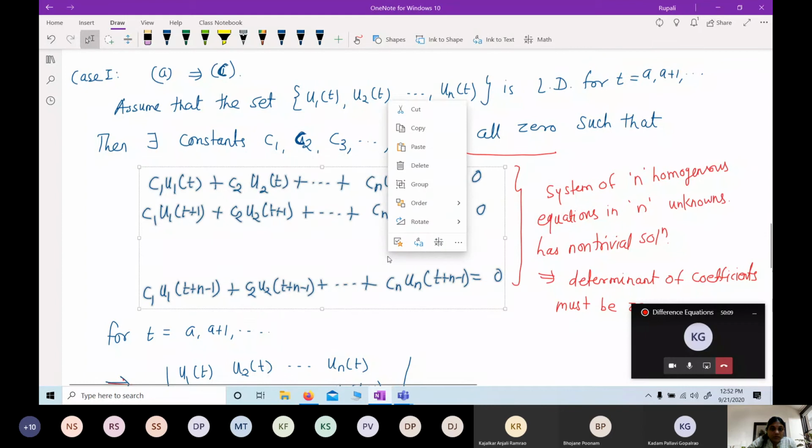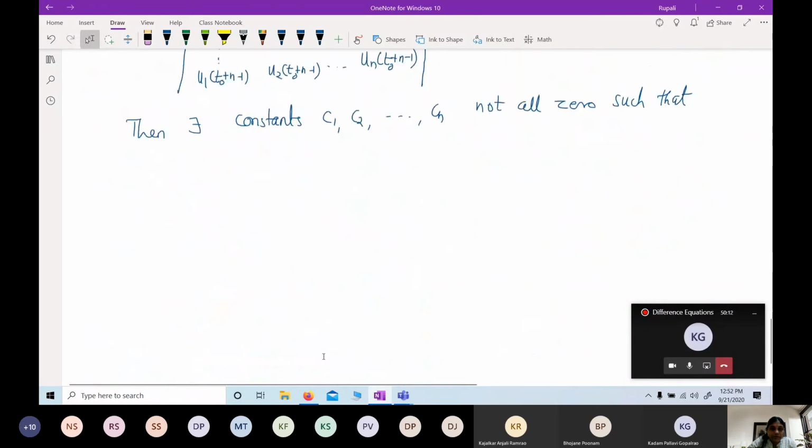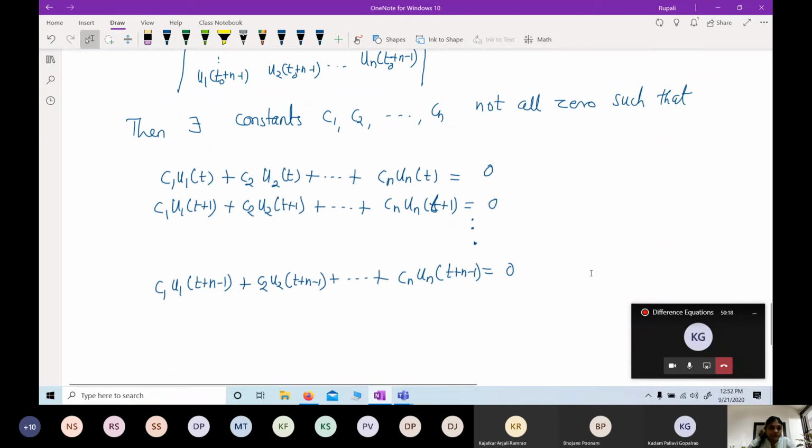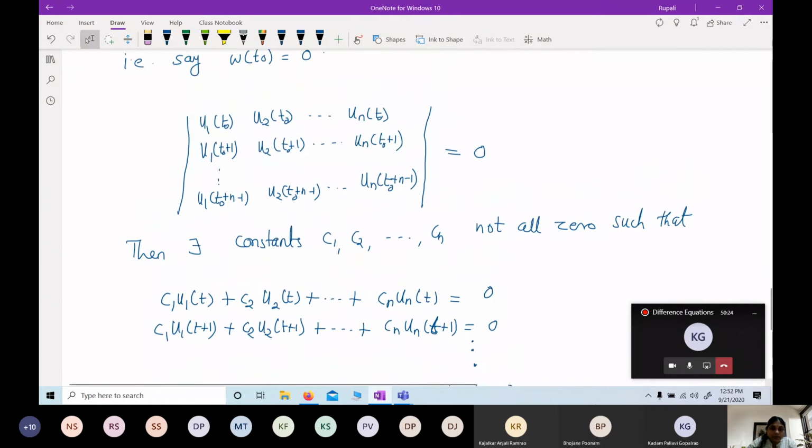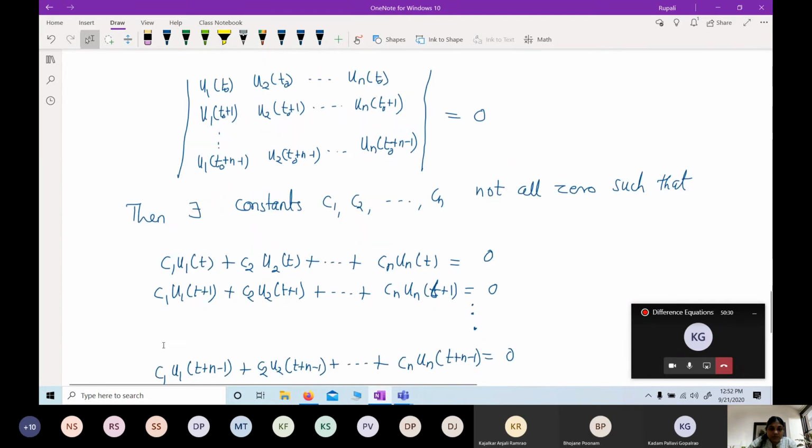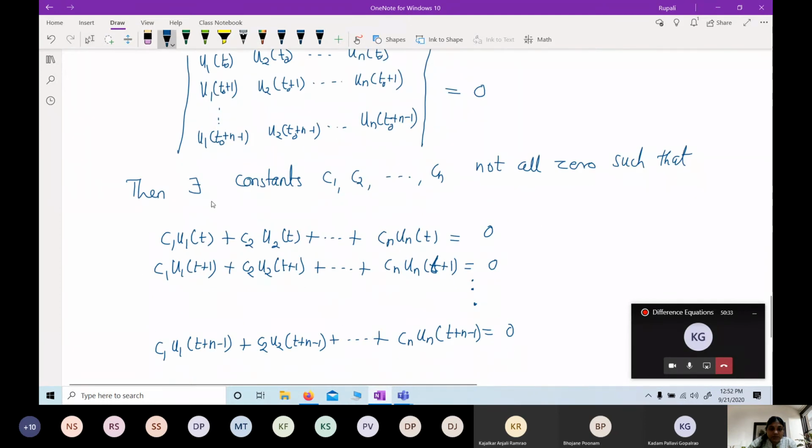So there exist n constants C1, C2, ..., Cn, not all 0, such that C1 u1(t0) + C2 u2(t0) + ... + Cn un(t0) is equal to 0, and similarly for the other equations. Just t is replaced by t0 here. Is that okay?